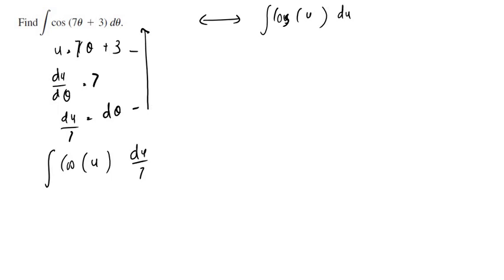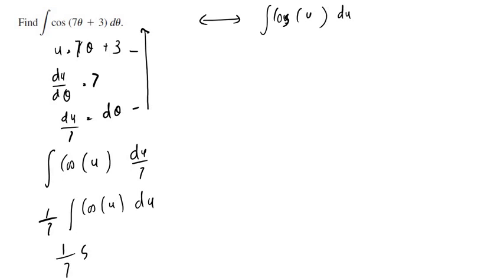So because 7 is not a function of u, we can take it outside the integral. So we have cos u du, and we know how to integrate cos u du. Cos u du is sine, we know that.